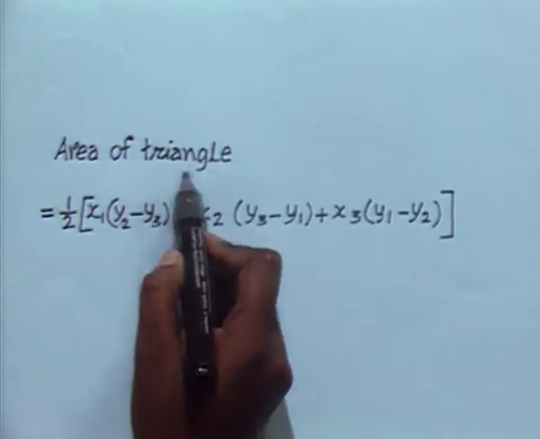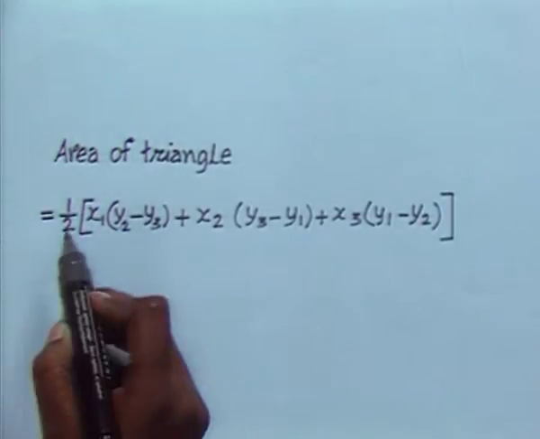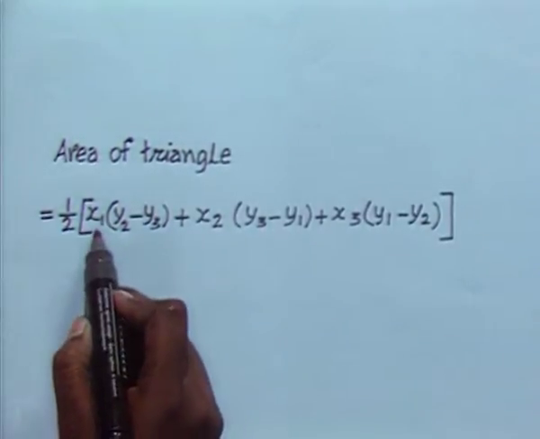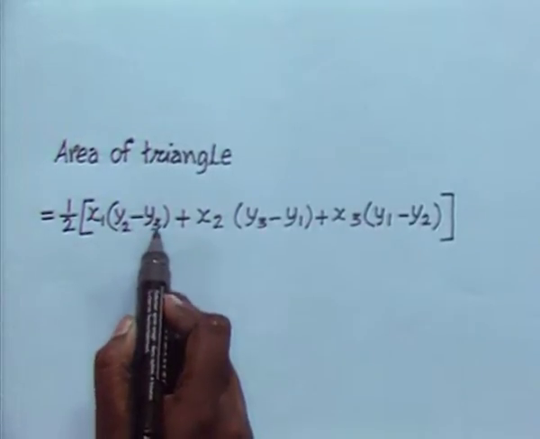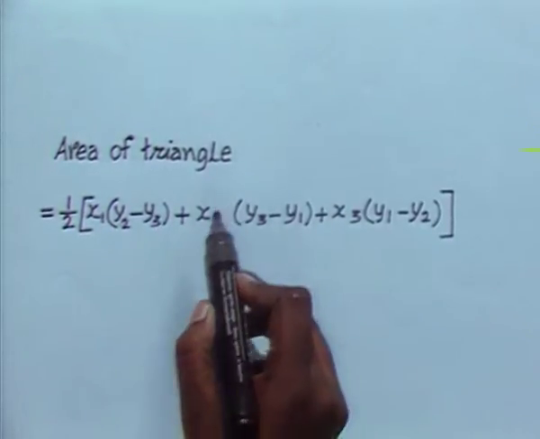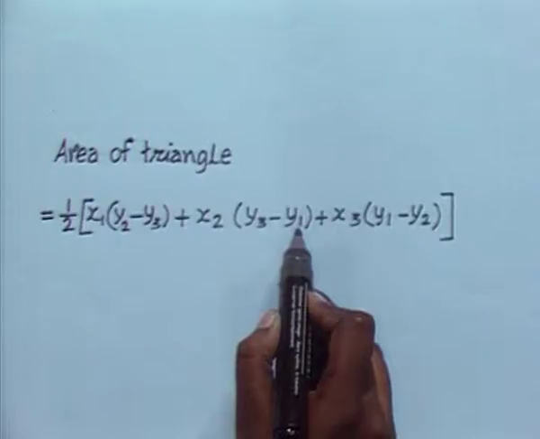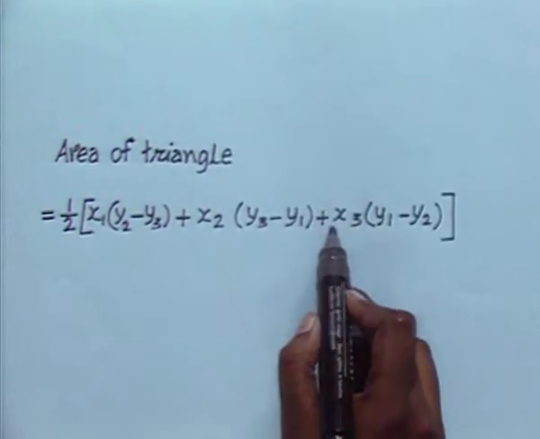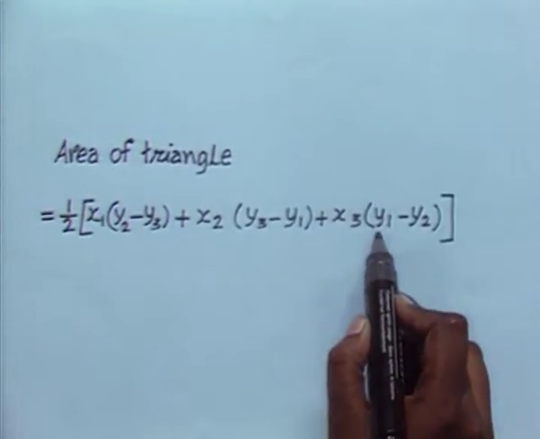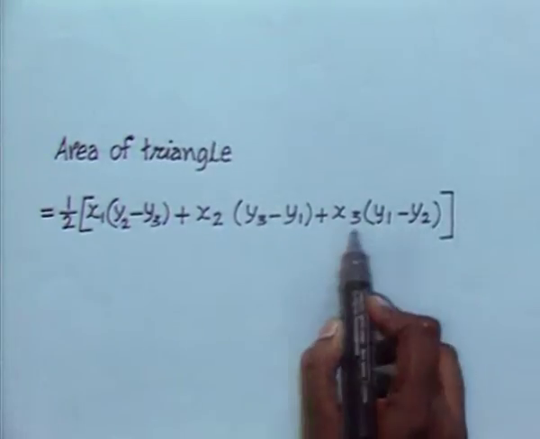I'll tell you that. You find the area by first multiplying half with x1, which is multiplied by (y2 minus y3), that means suffixes 1, 2, 3. Again you add to it the product of x2 multiplied by (y3 minus y1), where the suffixes are 2, 3, 1, plus x3 multiplied by (y1 minus y2), where the suffixes are 3, 1, 2.